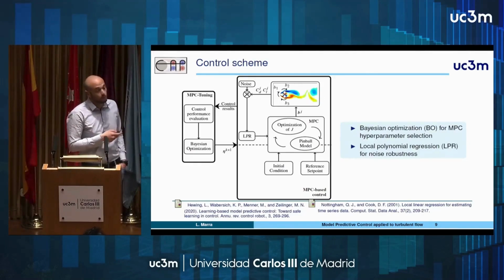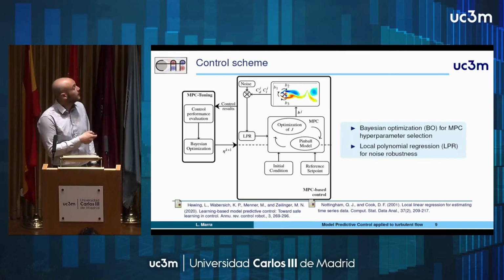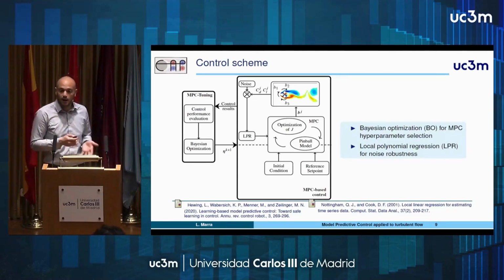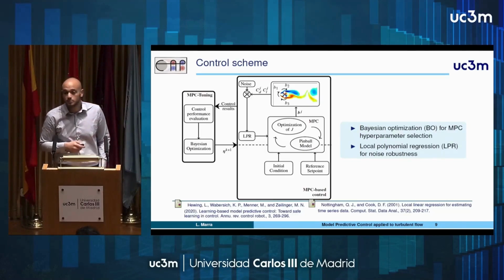When it came into applying the model predictive control with this model for the fluid pinball, we discovered that actually we needed to select, in the design of the cost function, that is the cost function telling us how far we are from the reference, some hyperparameters, and we did it externally with an offline optimization using Bayesian optimization.